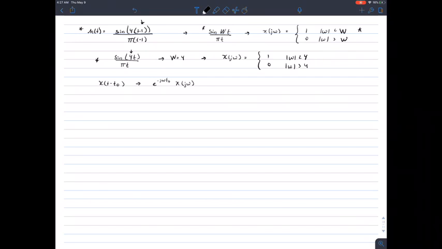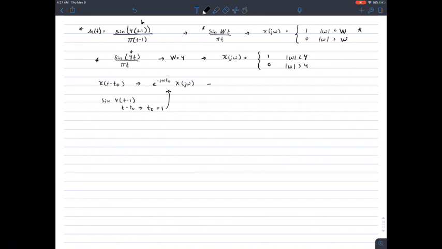Okay? And since sine 4 of t minus 1, so this is equal to your t, this is minus your t naught, so t naught is going to be equal to 1.